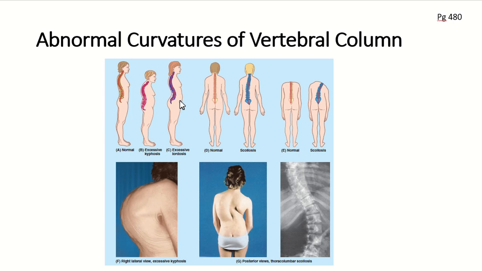So, in contrast to these ones that affect the curvature in the anterior-posterior direction of the spine, we also have scoliosis. Scoliosis gets its word from the Greek word for crookedness or curved back, and it is actually characterized by an abnormal lateral curvature of the spine, as you can see here in sub-image D, compared to a normal individual.